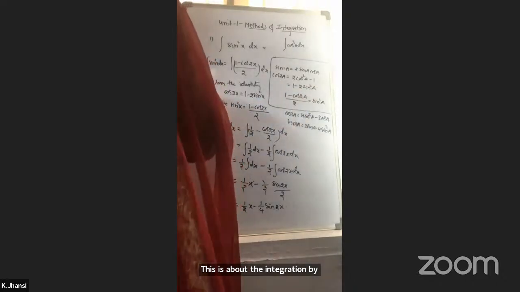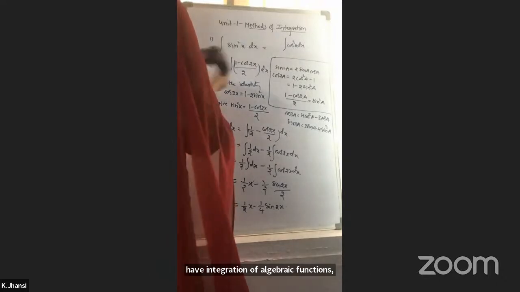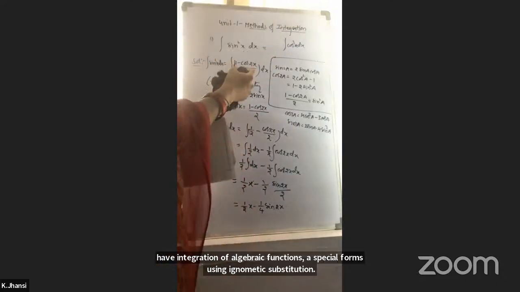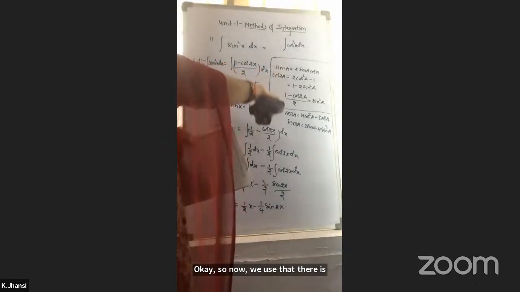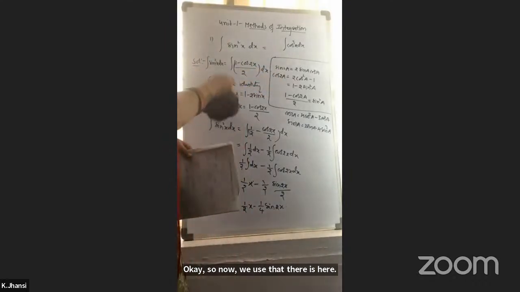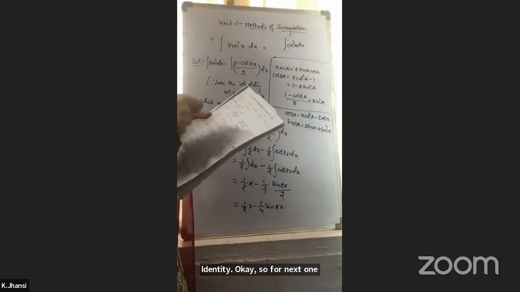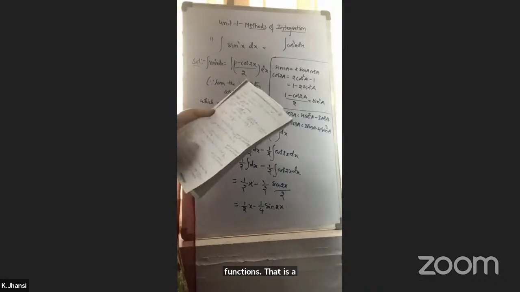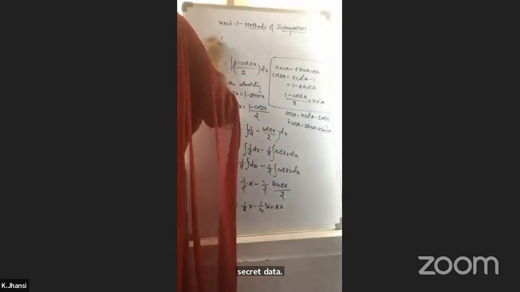Next, you have integration of algebraic functions or special forms using trigonometric substitution. Okay. Here we have used identities. So for the next one, we'll use the trigonometric functions, that is sin theta or cos theta, tan theta, secant theta, and we'll find the formulas. Okay.